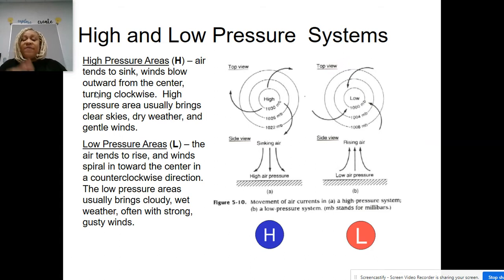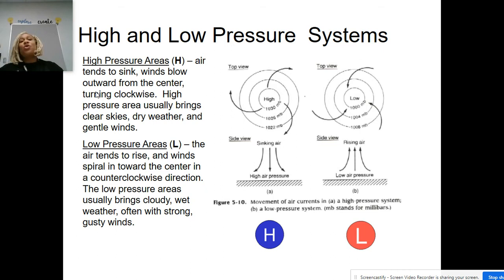So this is very important. I know you've seen the capital H and the capital L on the news stations when they're talking about the weather, and you're wondering what they are talking about. Well, H is for high pressure areas. This air tends to sink. Winds blow outward from the center, turning clockwise. So if that air is sinking, is that air cool or warm?